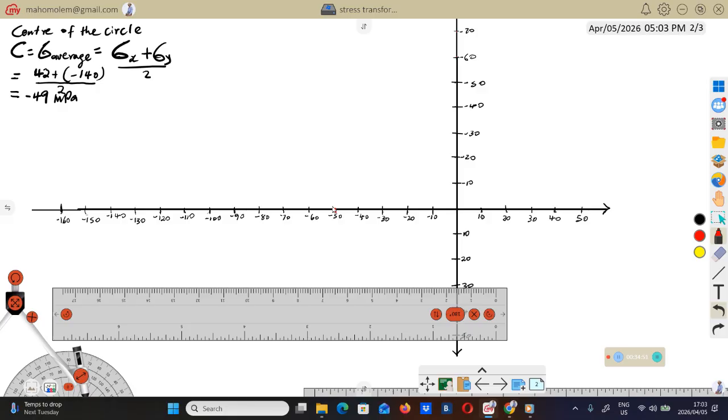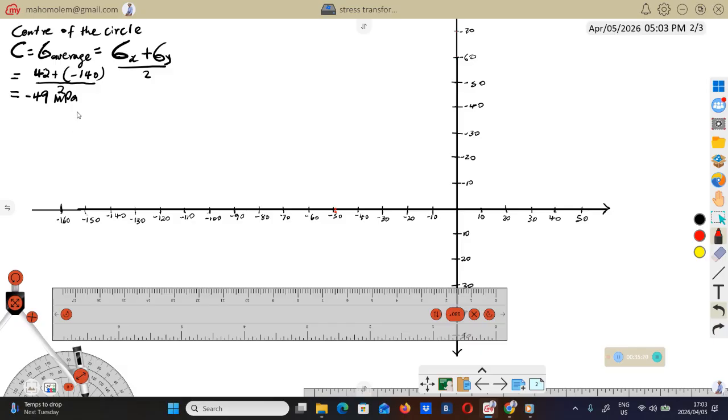Yeah, so this is our 49. This is the point of the center of our circle. Now we're going to have two coordinates, but from those two coordinates, you don't need both of them.